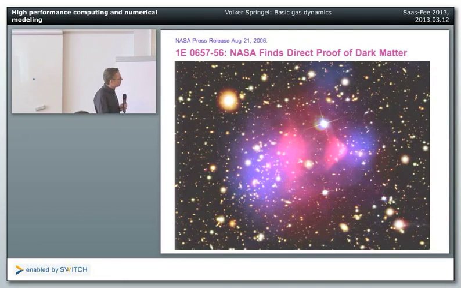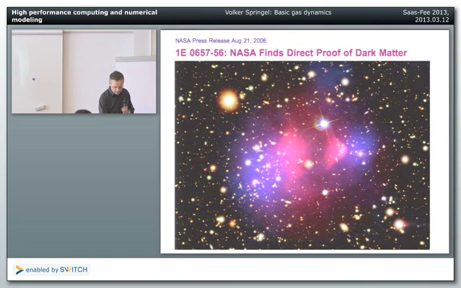It shows where the baryons are. Basically, here's the contact discontinuity, but that's where the baryons of the bullet cluster are for the most part. And the important thing is that these baryons are displaced from the mass peak. That means that the baryons are not what's dominating the total mass in the cluster. So there is another mass component which is not the baryons. That is our dark matter right there.